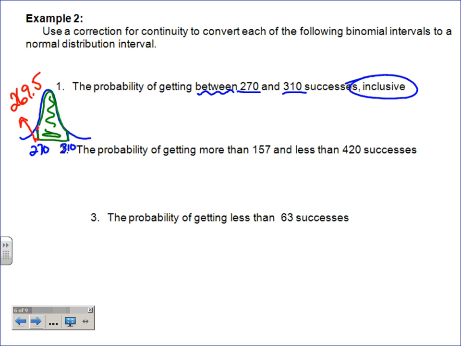Okay. And I also want 310 to be included, correct? If I want it to be included, it's a midpoint, so I have to go over a little bit further, because I want it included. And so I'm going to go over a little bit further and actually use 310.5. Okay? Because I need those parts of those rectangles.